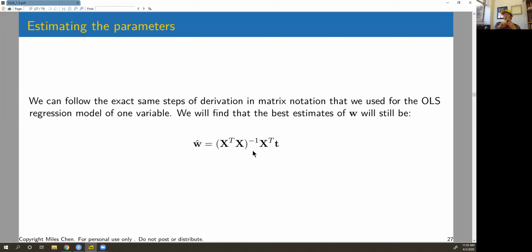We would have the partial derivative with respect to W0 and set that equal to 0, the partial derivative with respect to W1 set equal to 0, and the partial derivative with respect to W2 set equal to 0, and we would have to solve for where all of these equal 0.